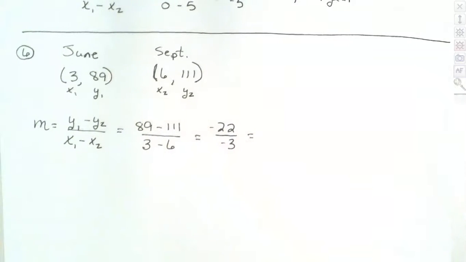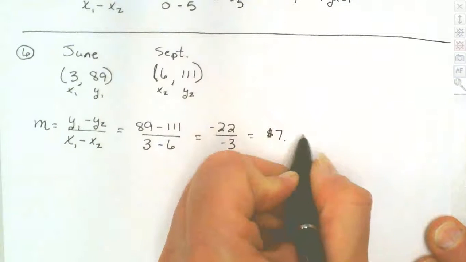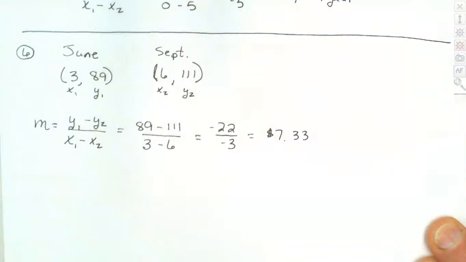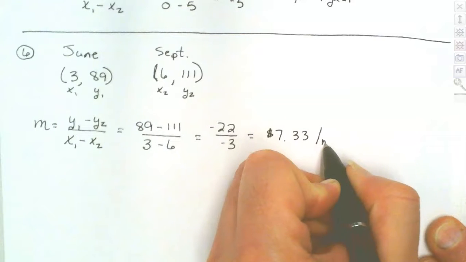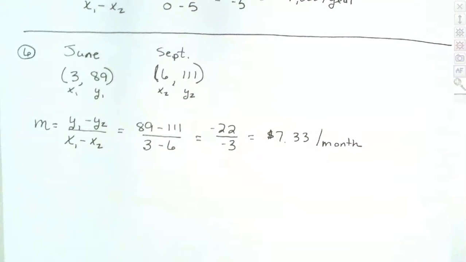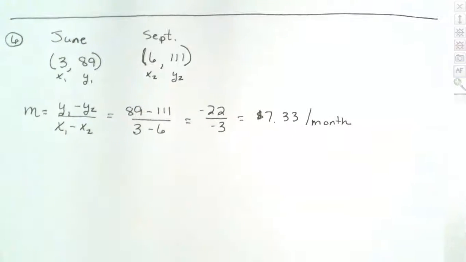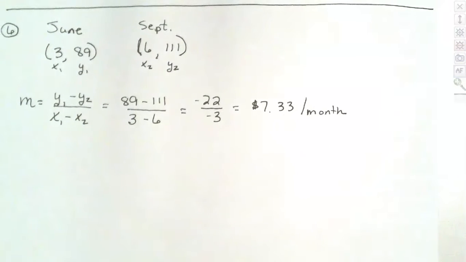Negative over negative makes that a positive value. And so that's going to come out to be about $7.33. And that is how much we make per month. So on average, between June and September, that stock made us $7.33 every month. So slopes are average rates of change.